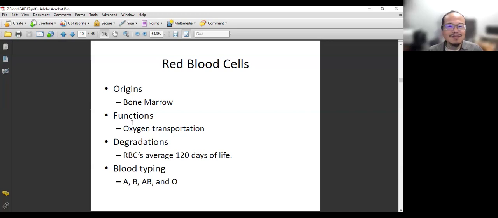And then we talk about function. You guys know it already. The major function is oxygen transport. We just want to add one more detail to it. It's not super complicated. We just add a little bit more. You already know the function, you know the foundation. We just need a little bit more.